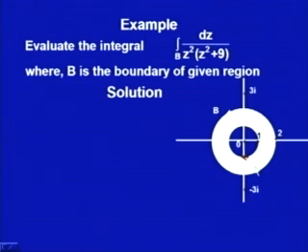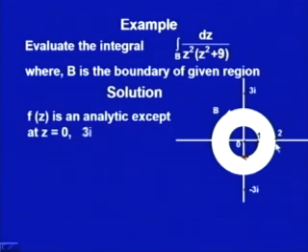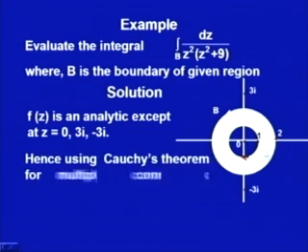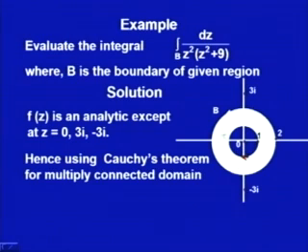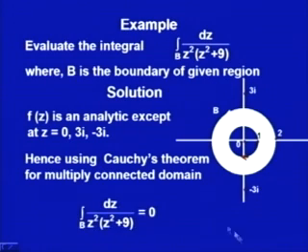What we conclude is that this function is analytic except at the points 0, 3i and minus 3i, and all these 3 points lie outside the given region. So, my given function f(z) is analytic in a doubly connected domain. The Cauchy theorem for multiply connected domains says that along the boundary of this doubly connected domain the integral must be 0. Hence, this integral along this boundary should be 0.